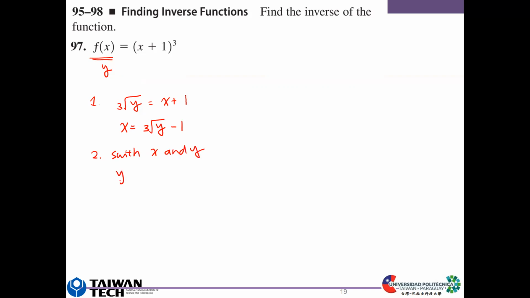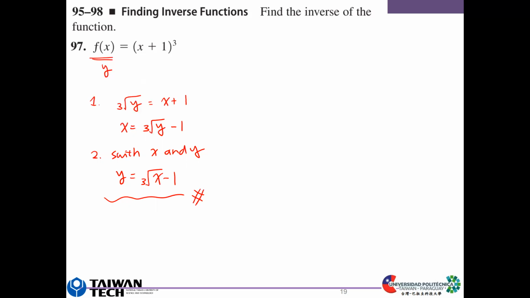So we have y equals the third root of x minus 1. This is the inverse function of f of x. Same rule here.